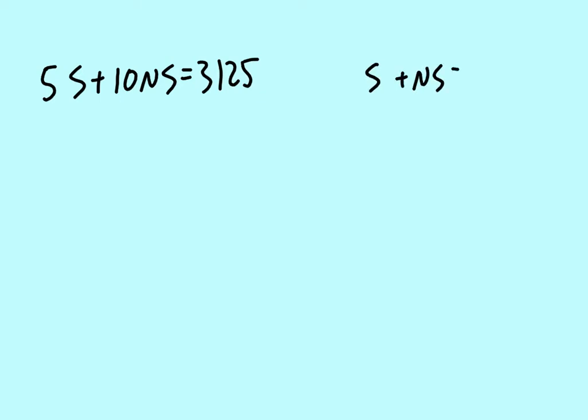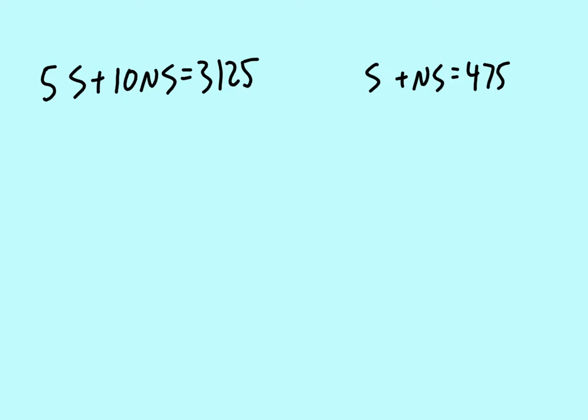And if I remember correctly, I had $5 for every student ticket, $10 for every non-student ticket, and that was $3,125. I also had my student tickets plus my non-student tickets was 475. So I'm going to step back here, just take a gander at the problem and figure out how am I going to solve this.